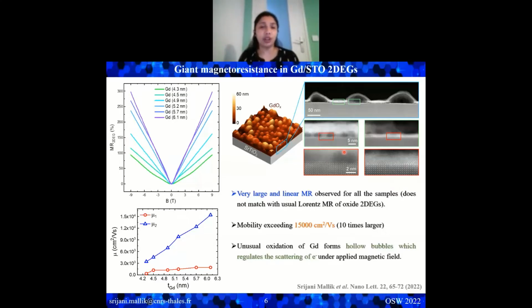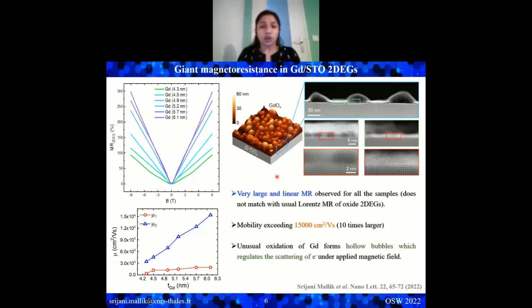I'm going to talk about spin to charge interconversion, and of course, in this kind of sample, I would never like to perform it. So from now on, I discard the possibility of spin to charge conversion for the gadolinium STO sample, and we concentrated on the aluminium, yttrium, and tantalum based strontium titanate 2DEG samples.